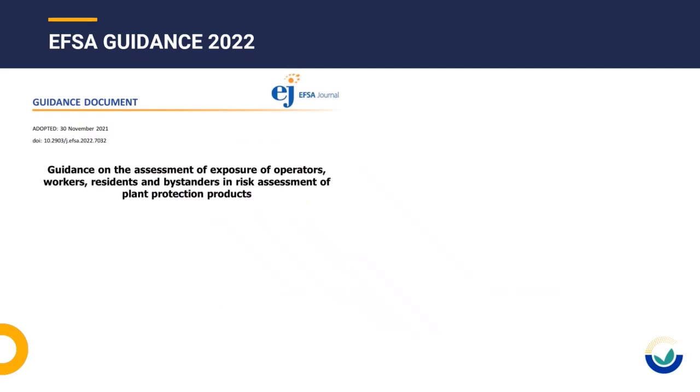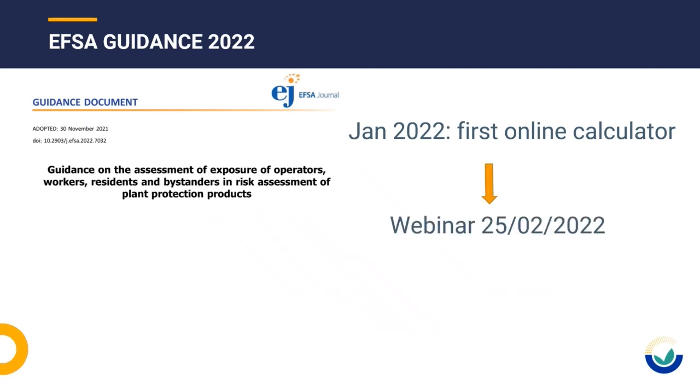The first update of the EFSA guidance has been accompanied by the development of an online calculator. The first version of this online calculator was published together with the guidance in January 2022 and presented during a webinar in February 2022.